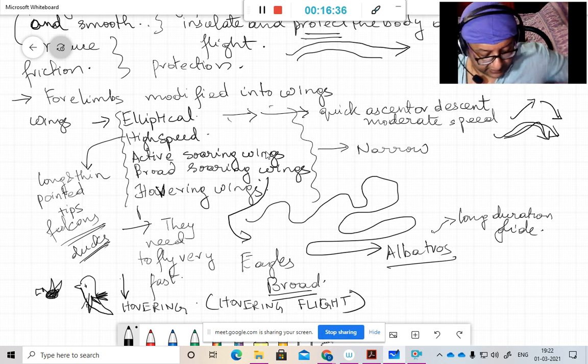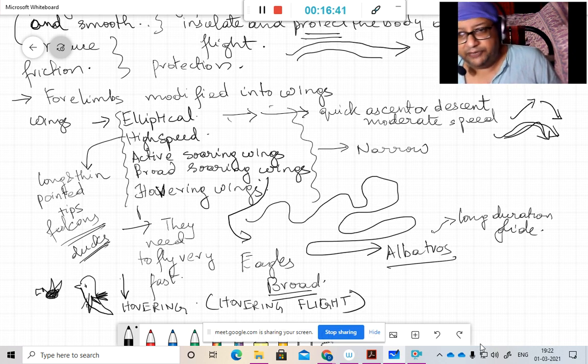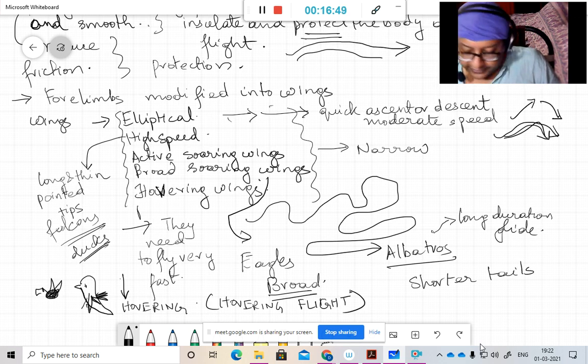Now, birds have other modifications. They have got shorter tails. When they are flying, a long tail is a hindrance.